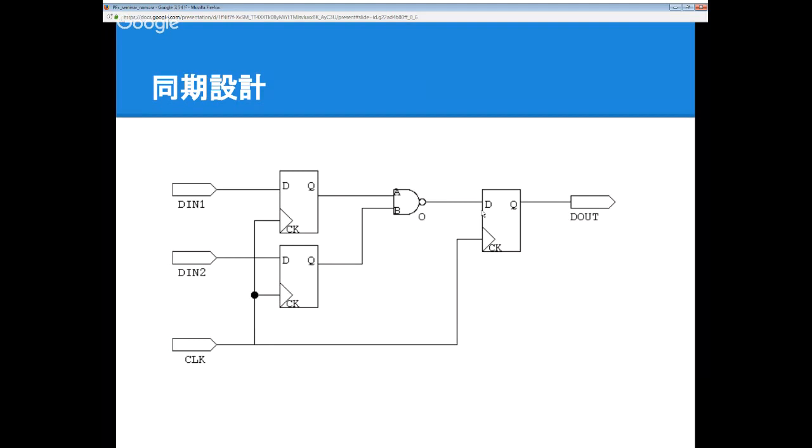That means some outputs connected to the clock signal, so it was very difficult to converge the timing. These days, almost all designs use synchronous design because it's easy to manage timing closure.